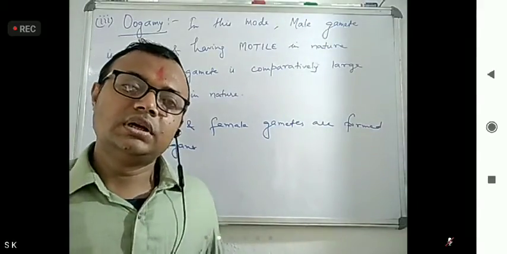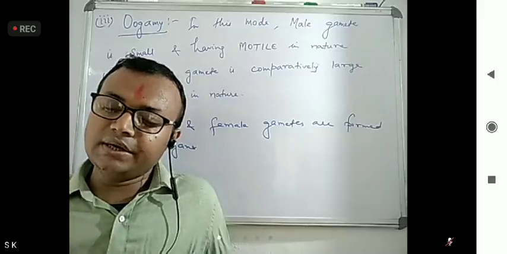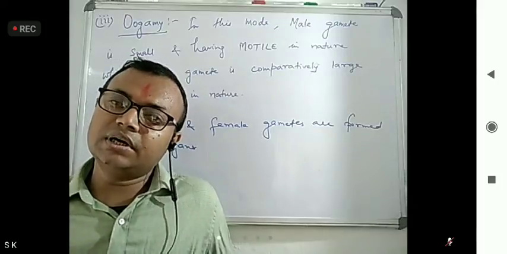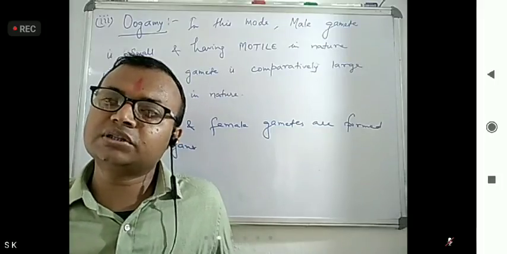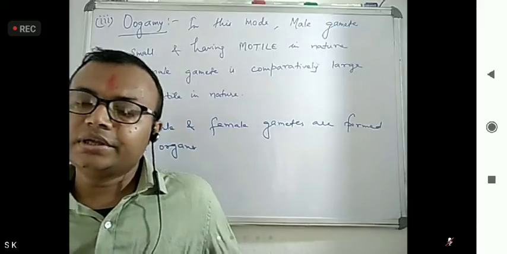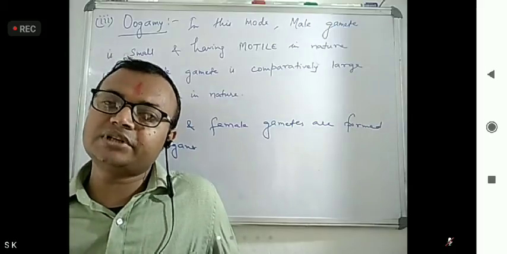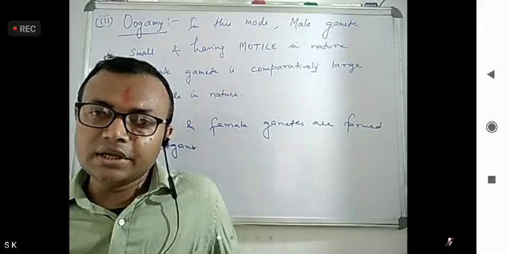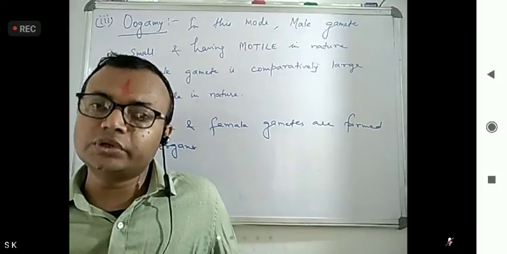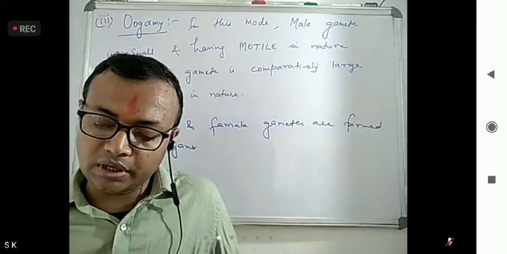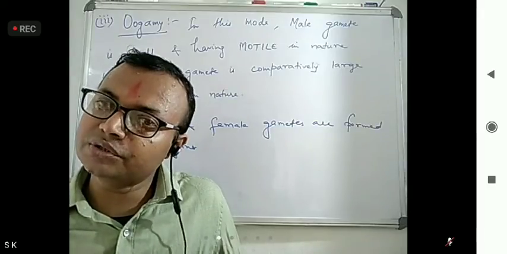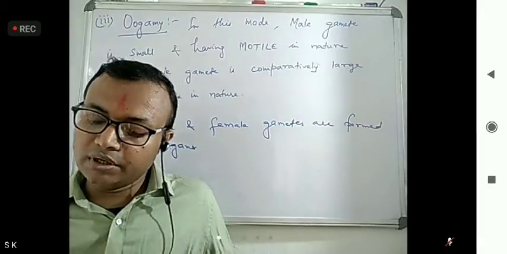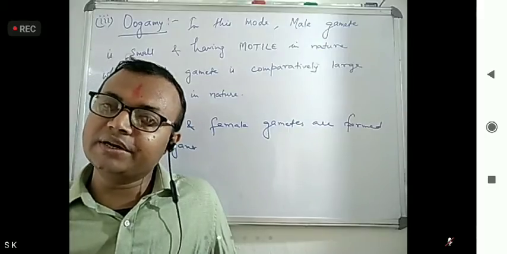Now in kingdom Protista, generally from birth to death is known as the life cycle. The life cycle found in Protista has two types. One is known as zygotic meiosis and one is known as gametic meiosis.